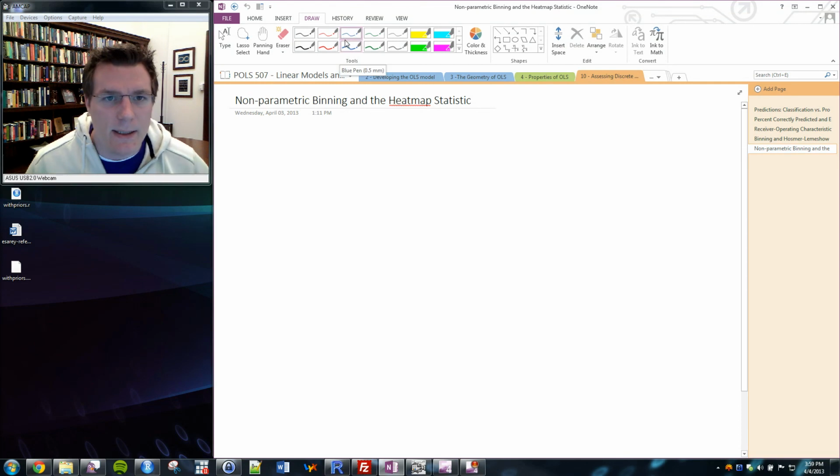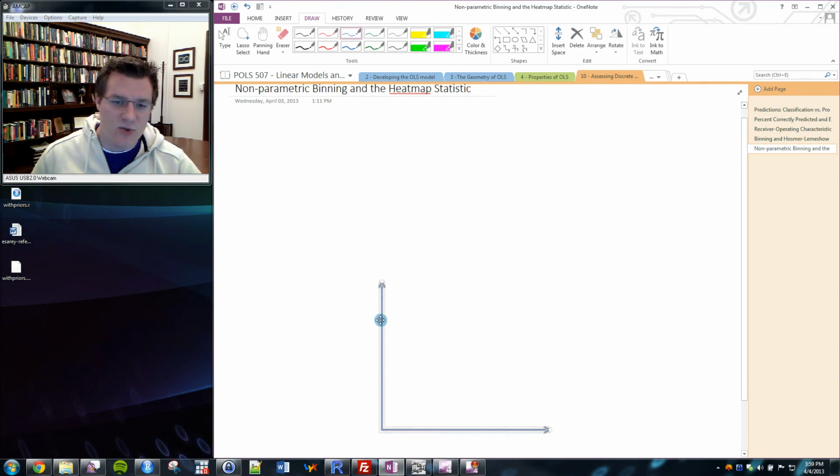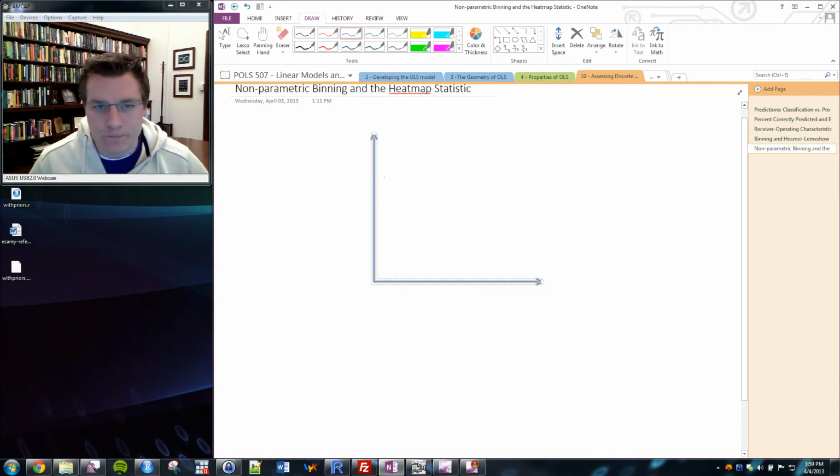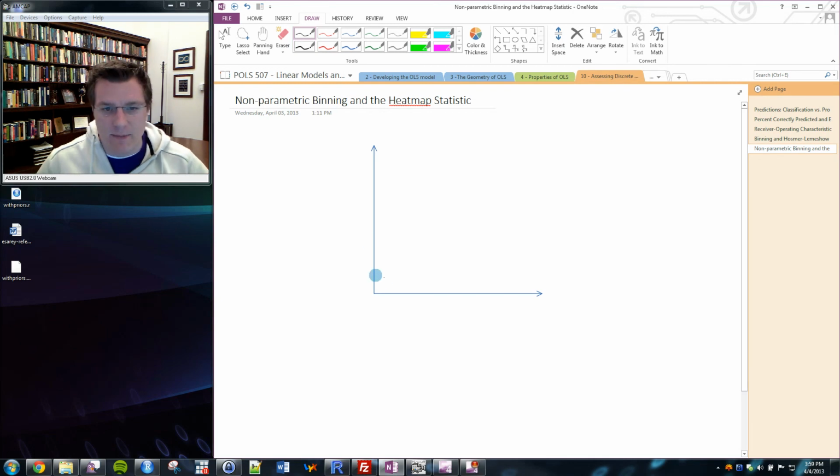So the idea behind non-parametric binning techniques is just to extend the Hosmer-Lemeshow idea to cases where we don't define discrete bins in advance, but rather allow each individual observation to have its own weighted local window that serves as a bin.